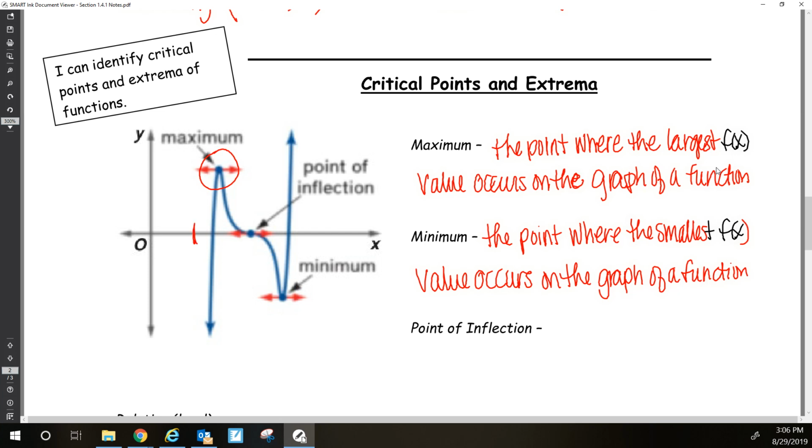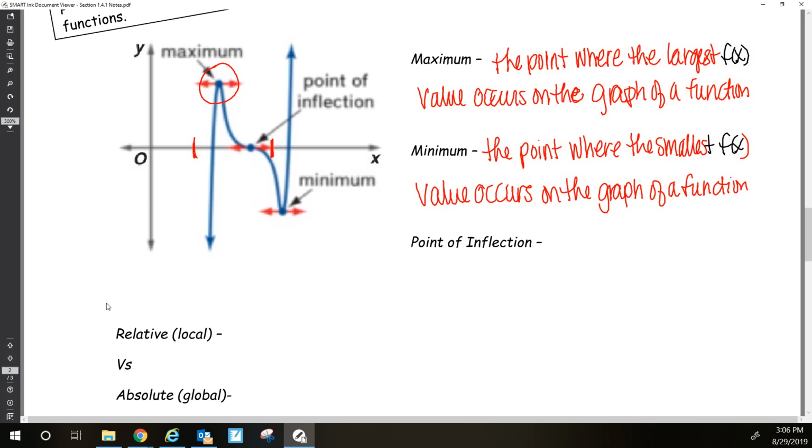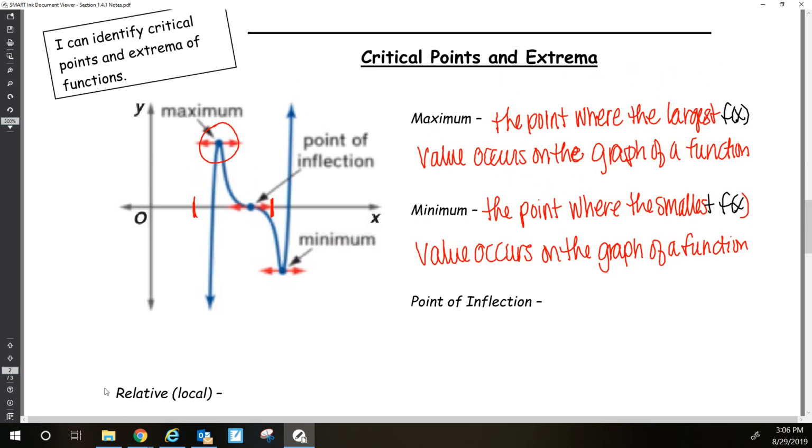Say between here and here, this would be what's called a relative maximum, and we'll talk about that in a second. Over that smaller interval, that's my relative maximum, whereas the lowest point down here would be my relative minimum, because it's the lowest point in the graph for a certain area.